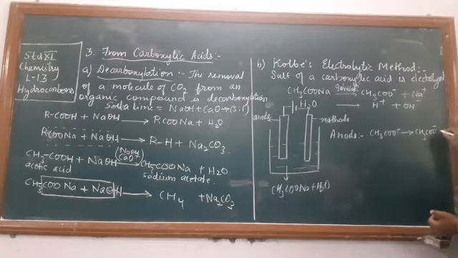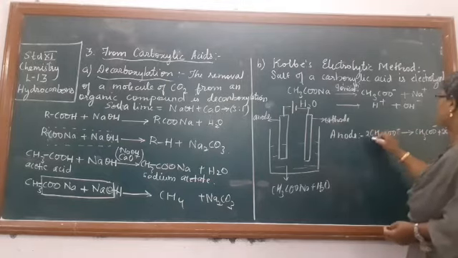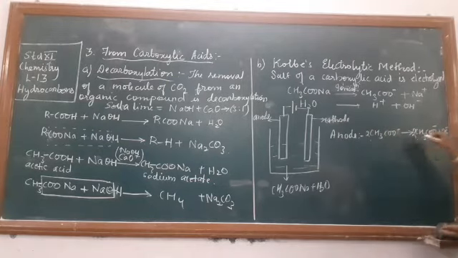CH3COO minus plus, we require 2 electrons because we want H2, so we can write here 2 and we can have here 2, which again will be dissociated as CH3 plus CO2 plus 2 electrons. This is what you are obtaining, okay.